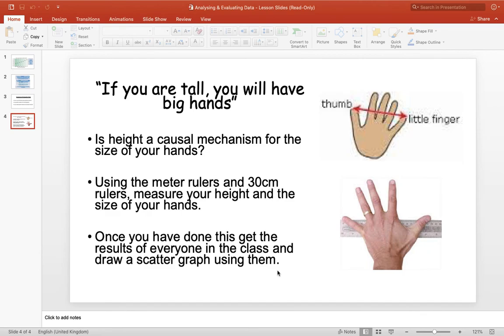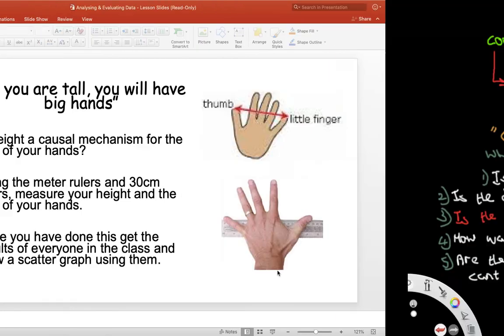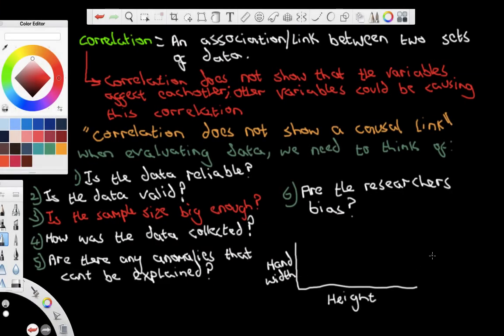However, if you do carry it out at home, you probably won't have a big enough sample size. So, rather than having hand width up the side, what we would have had is a frequency graph. So we would have had frequency of height, a range of heights along the bottom with frequency up the side.